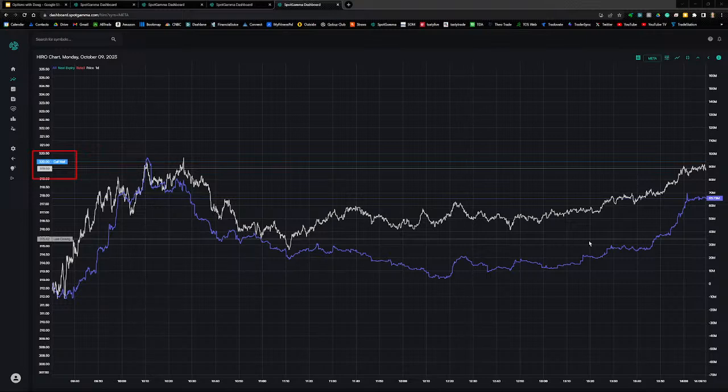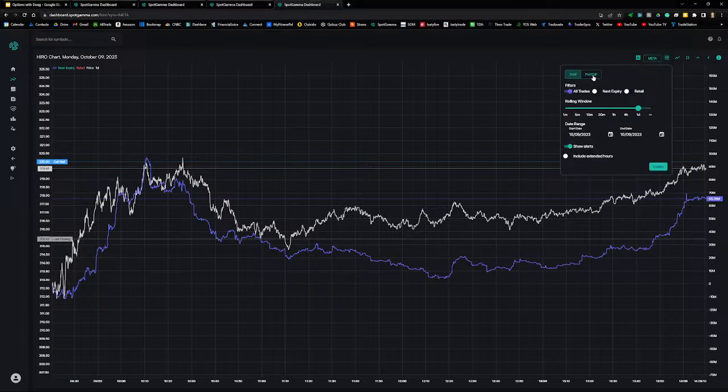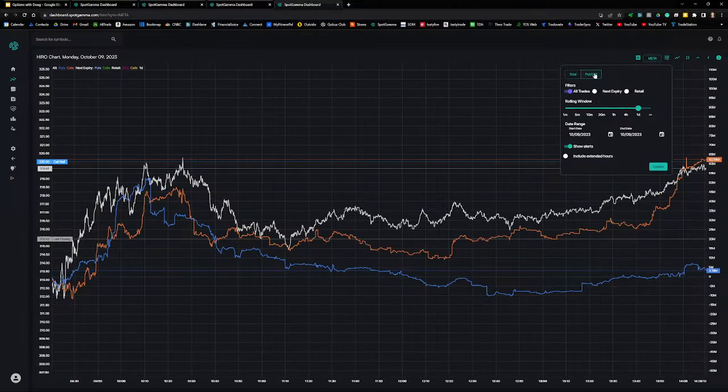And earlier today, it definitely did its job. Let's see what they were doing. All right, so that we know the 320 call wall, separate out puts and calls. So in the morning, traders were aggressively selling puts and buying calls. That's shown by the rising blue and orange lines.